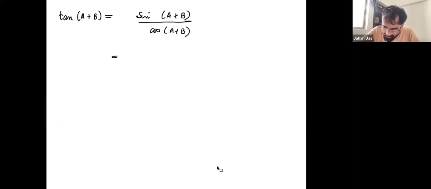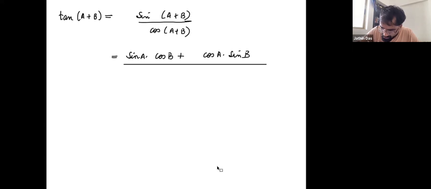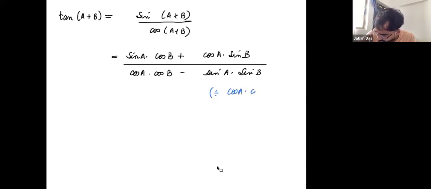Then you know it as sin A cos B plus cos A sin B divided by cos A plus B, which you can write as cos A cos B minus sin A sin B. Now you divide the entire thing by cos A cos B.